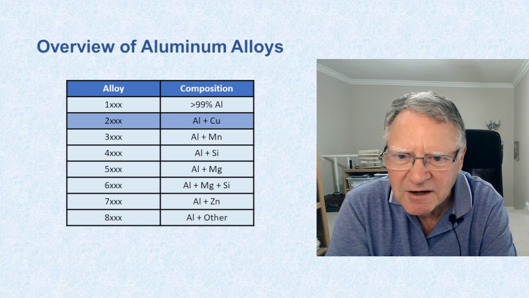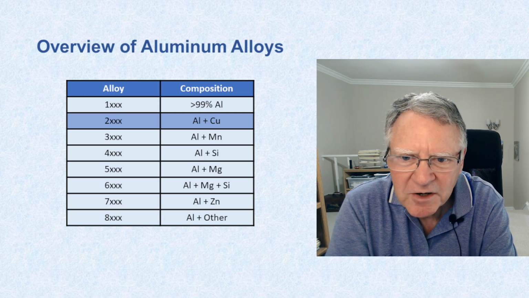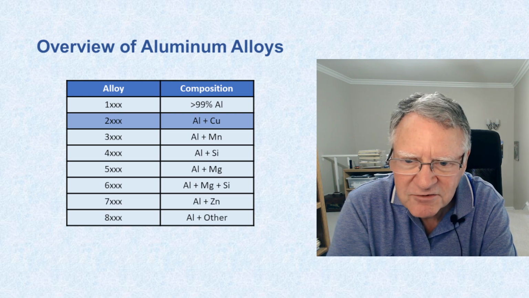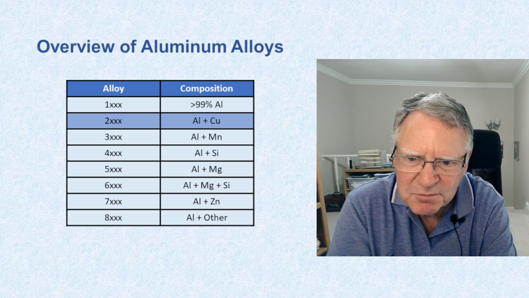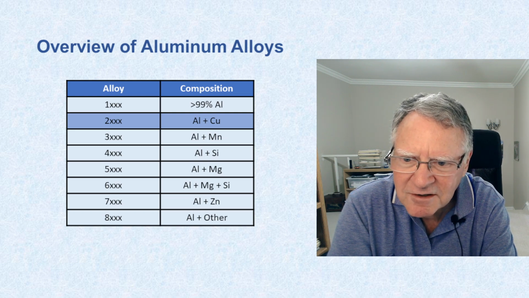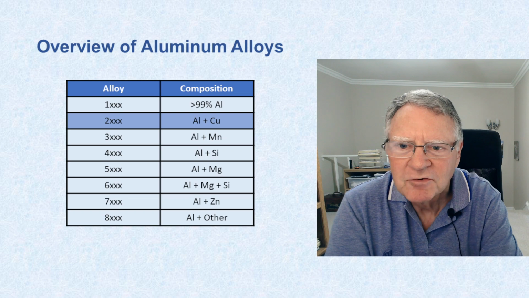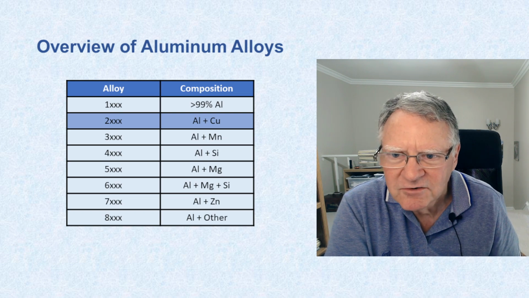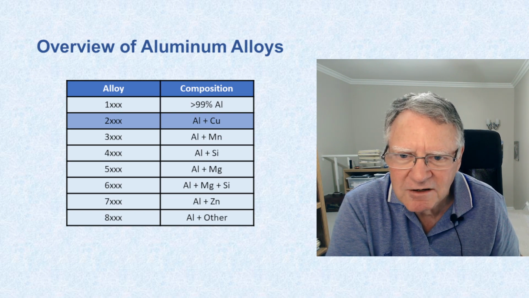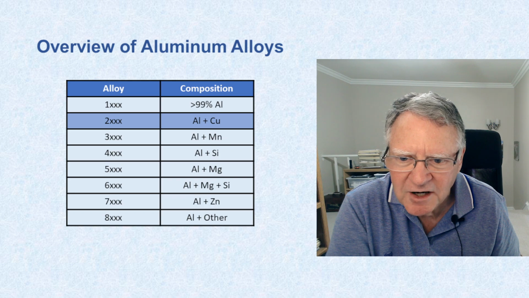The type 3 alloys, the primary impurity is manganese. Type 4, it's silicon. Type 5 is magnesium. Type 6 is magnesium and silicon. Type 7 is zinc. And type 8 is everything else. So of course 2024 is type 2 and the primary impurity is going to be copper.